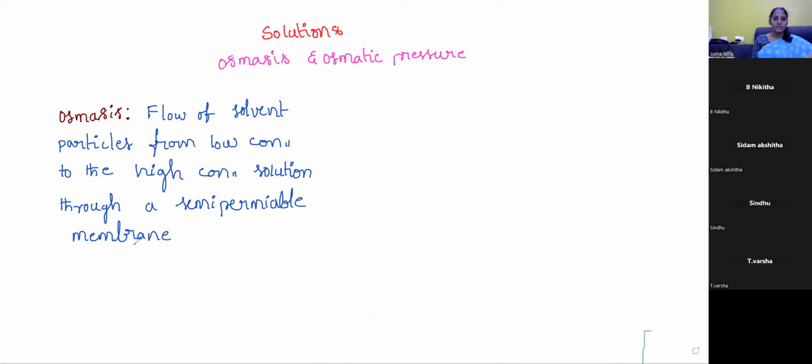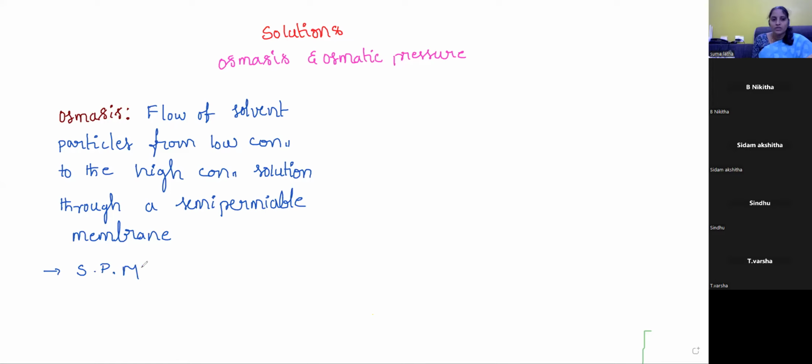Okay, listen here. Semi-permeable membrane is nothing but it can allow only selected particles, not all particles. Semi-permeable membrane, SPM, you can use the short word here.